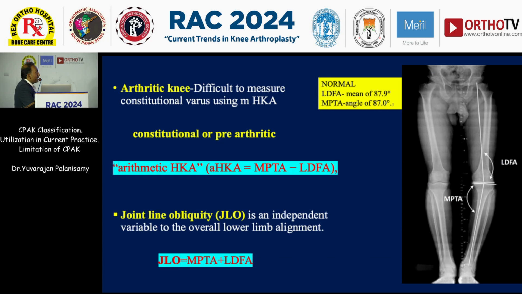If you measure the lateral side, that gives the lateral distal femoral angle. Then the mechanical axis of the tibia and a tangential line at the proximal tibial joint line, measured medially, gives the MPTA. We measure these with the help of a full-length scanogram. With these two parameters, you are able to calculate the arithmetic HKA and JLO. This is very simple, but easy to apply.